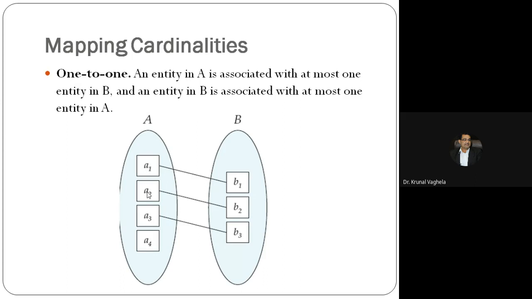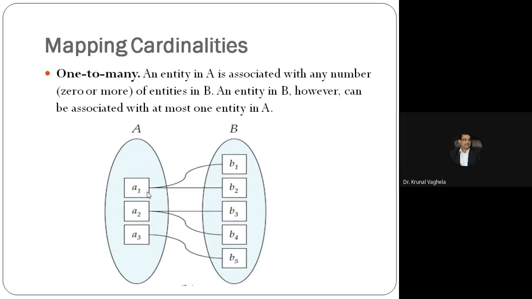Okay? One to many. Now you understood what is one to many? One to many, but direction is also important. Direction is from A to B. But if you consider B to A, then it is many to one. So from A to B, one to many.